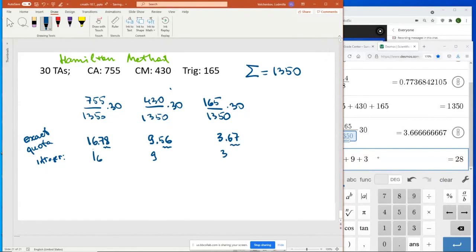The largest fractional part is 78, so we give one extra to college algebra. The second largest is 67, so the second extra goes to trigonometry, plus 1. So the assignment is 17, 9, and 4.